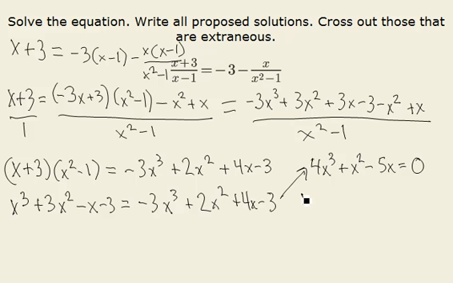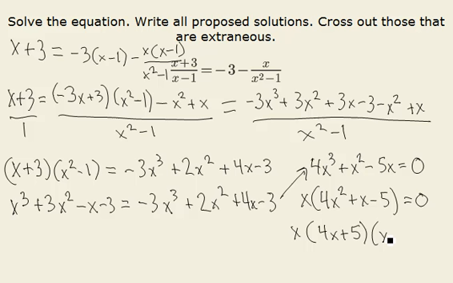We can pull an x out of there and get x times the quantity 4x² + x - 5 is equal to 0. Now we can factor this and get x times (4x + 5) times (x - 1) is equal to 0.